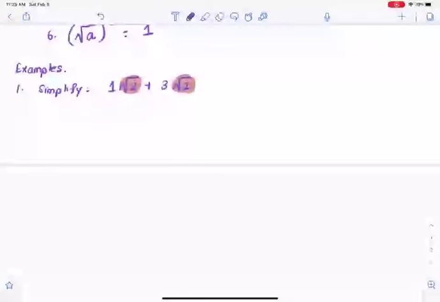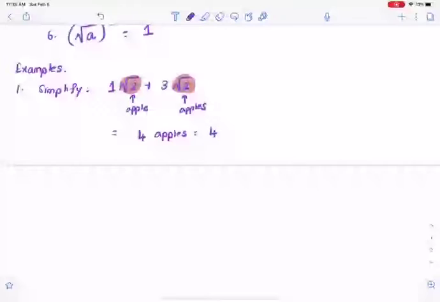So you have 1 apple plus 3 apples. In total, you would have 4 apples. But I called an apple to be a root, particularly square root of 2. So the answer is 4 root 2.